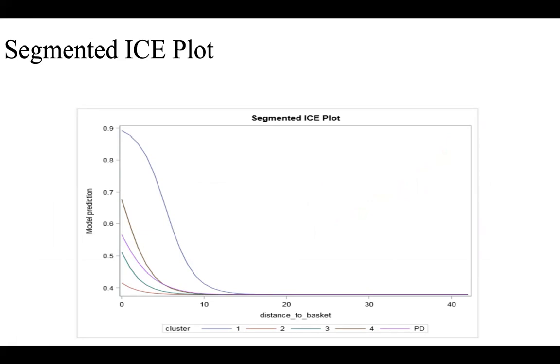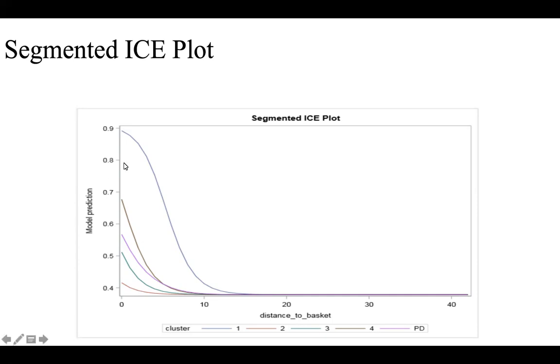So to incorporate many observations in the ICE plot, they cluster the observations, consider each cluster as a single observation, maybe taking the average values of the features, and then they plot this ICE plot.